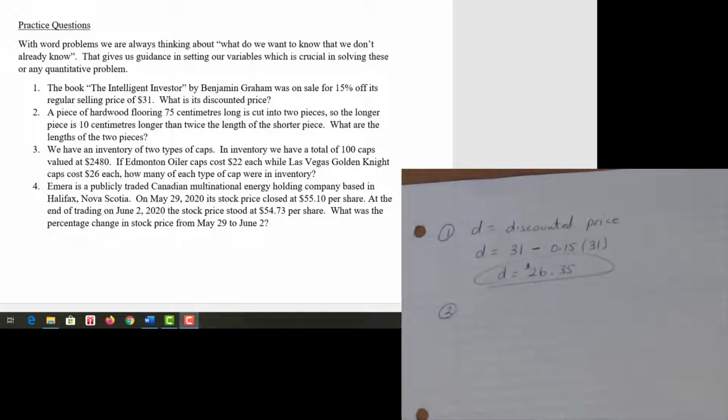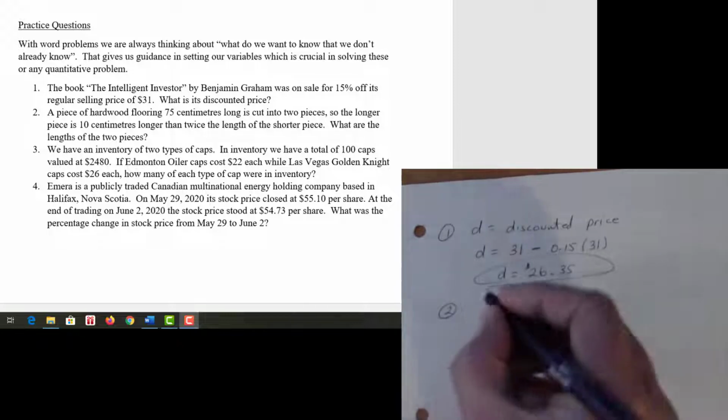Anyway, so we take a step back. And we go, step one. What are the variables? What is it that we want to know that we don't already know? Look at the question. It says, what are the lengths of the two pieces? Two pieces. What are the two pieces? We have a longer piece. We have a shorter piece. Okay, so that's what I want to figure out. Those are my variables.